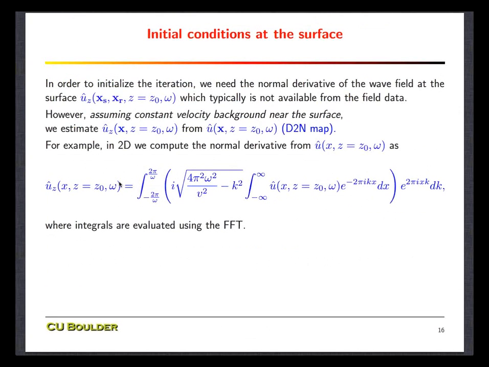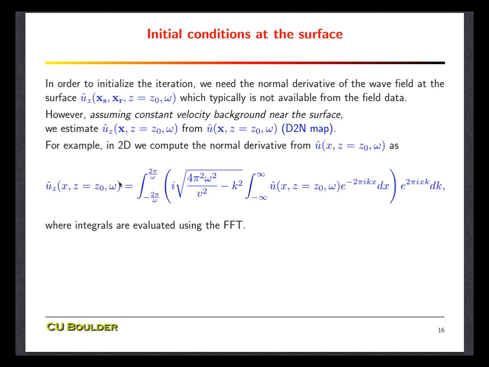Now, a couple of details which are very important. Since I'm using a second order equation, I need two initial conditions. One is available, that's what you measure, and the second one is not. Typically, you don't measure the normal derivatives.